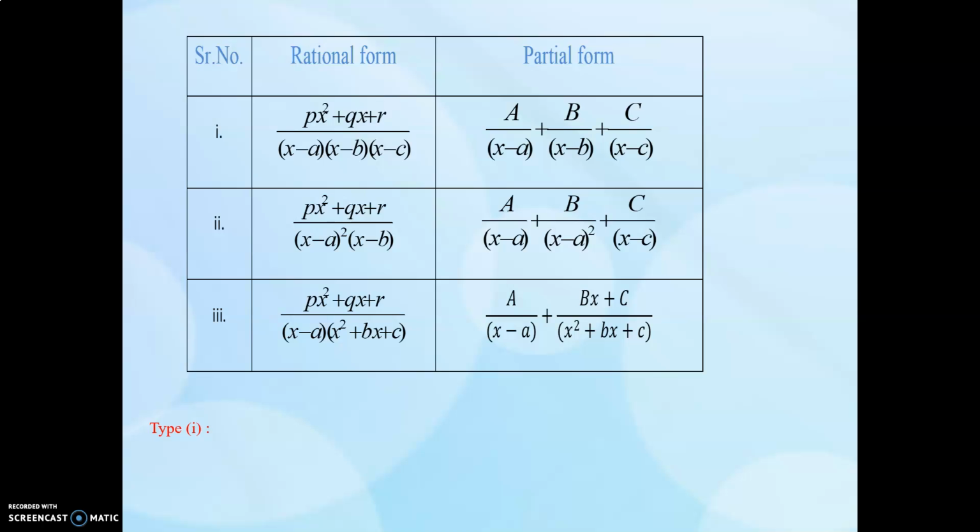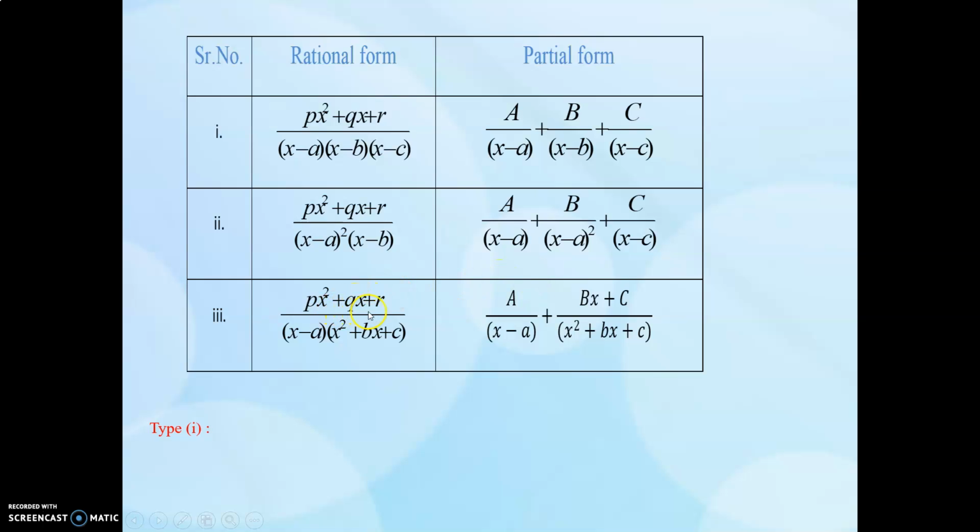The forms of integration are given here. So rational form, if it is px square plus qx plus r upon x minus a into x minus b into x minus c, then the partial form is a upon x minus a plus b upon x minus b plus c upon x minus c. If it is px square plus qx plus r upon x minus a whole square into x minus b, that means one factor is repeating twice, so a upon x minus a plus b upon x minus a whole square plus c upon x minus c.